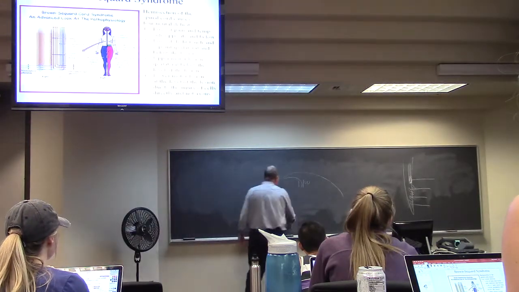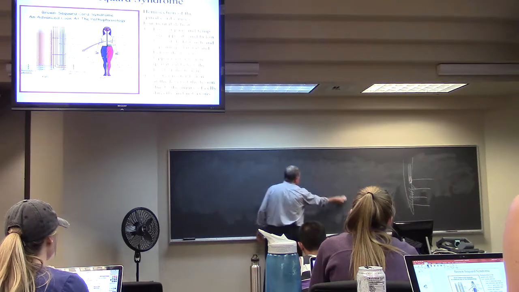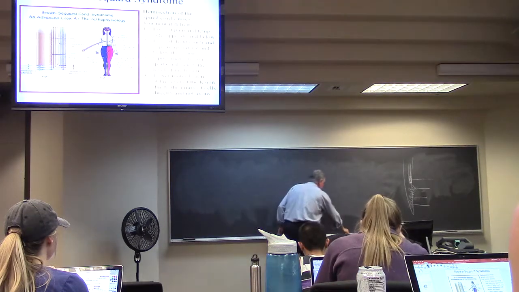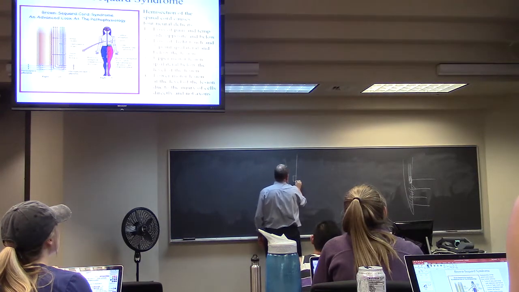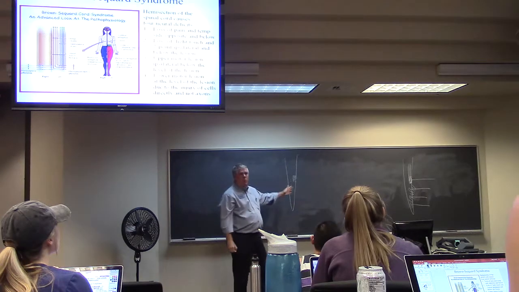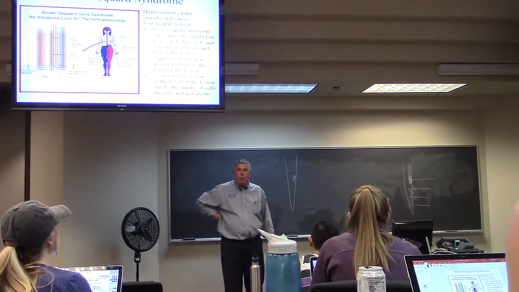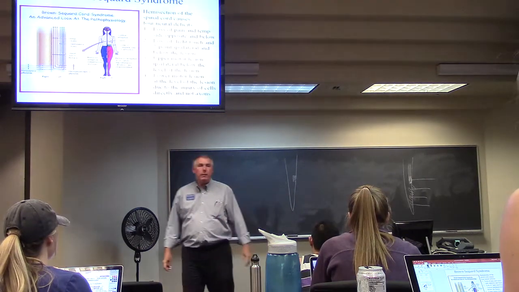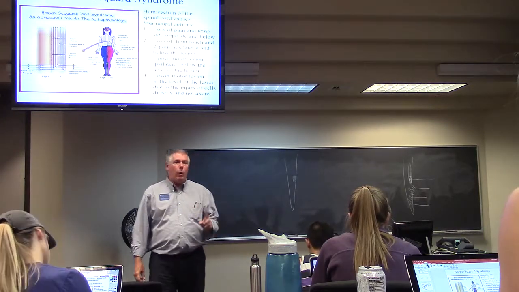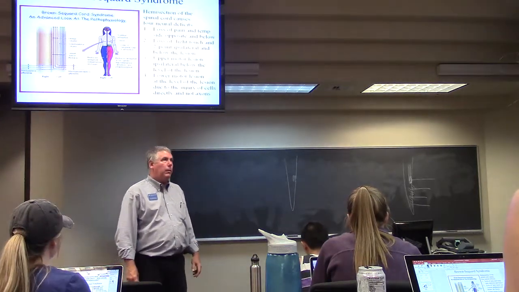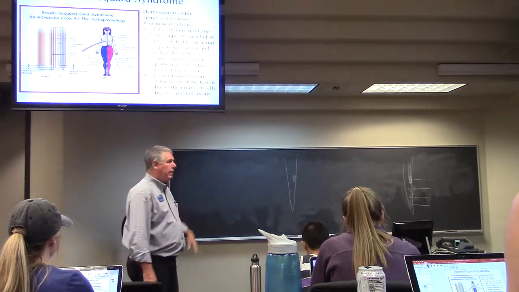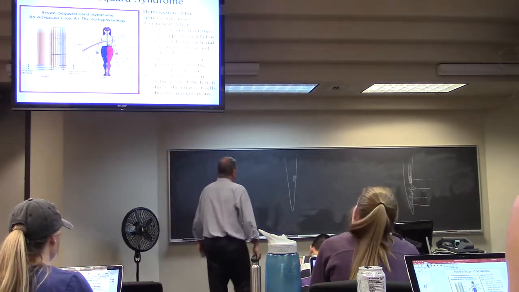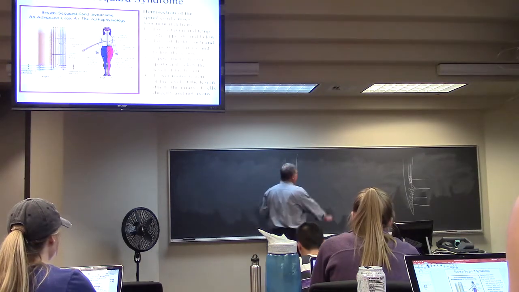So we started talking about it over there. This is a gunshot or a stab wound that cut half the cord at one segment. What are the deficits? Well, they're listed over here, but let's walk through them. Say this is T6.